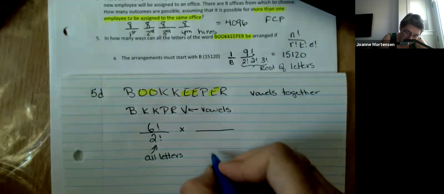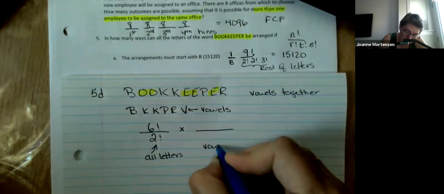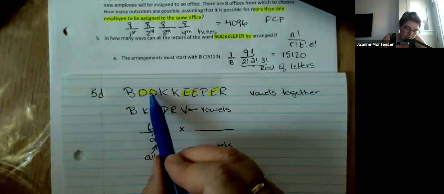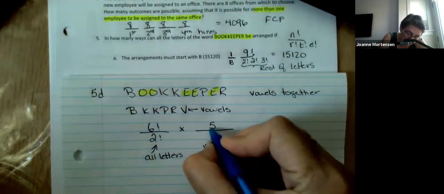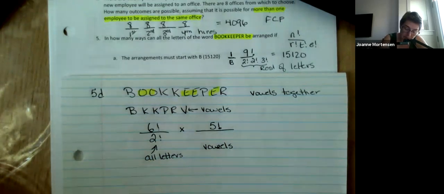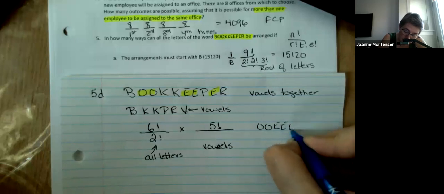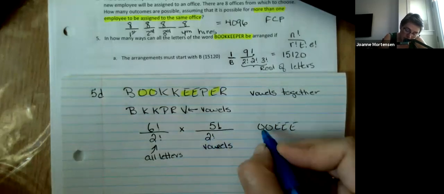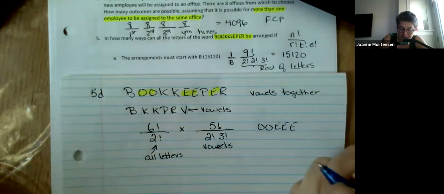This part is the vowels, and there are 1, 2, 3, 4, 5, so factorial. I'm arranging just the highlighted part: O, O, E, E, E. So there's my 5, and then there's 2 factorial for the O's and 3 factorial for the E's.